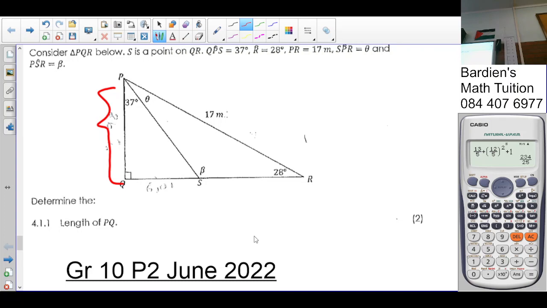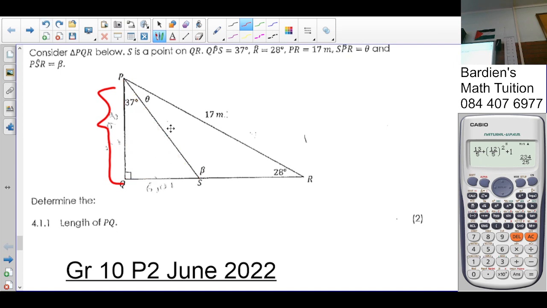What you should note is that PQ is in right angle triangle PQS, and is in the right angle triangle PQR. So I know I can use trigonometry. However, in this triangle, I only have the angle, so that's not going to help us.